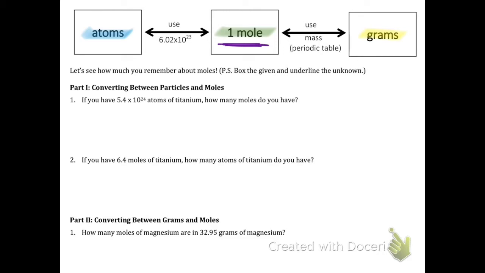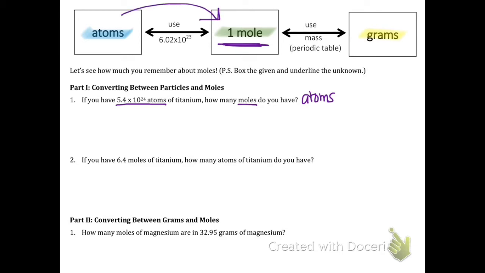Okay, so let's recap. If you have 5.4 times 10 to the 24 atoms of titanium, how many moles do you have? Okay, so you got to think about your map here. You're starting at atoms and you want to get to moles. Well, for us, atoms to moles is just one step.